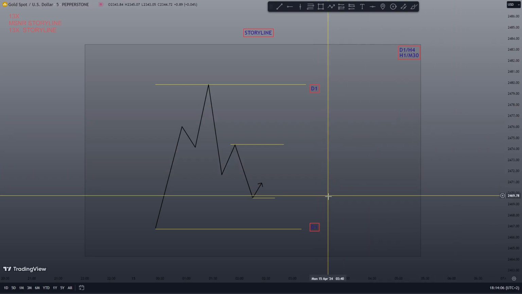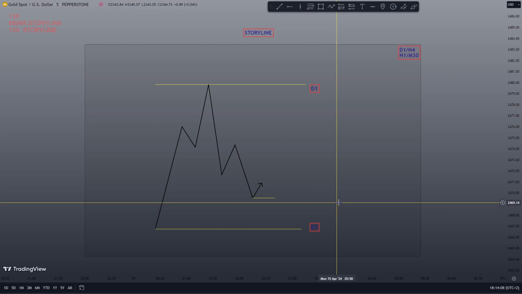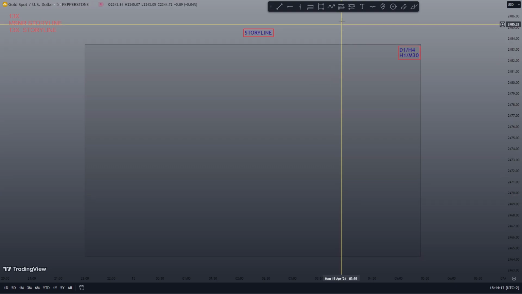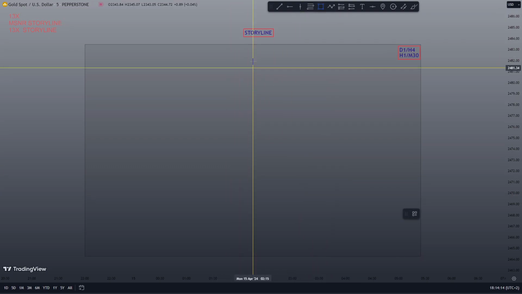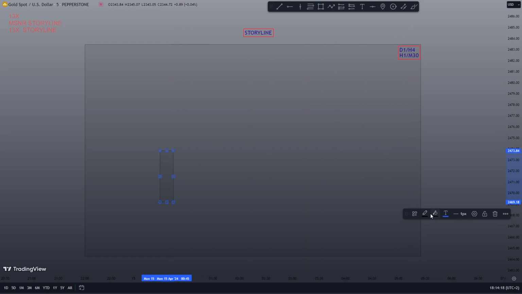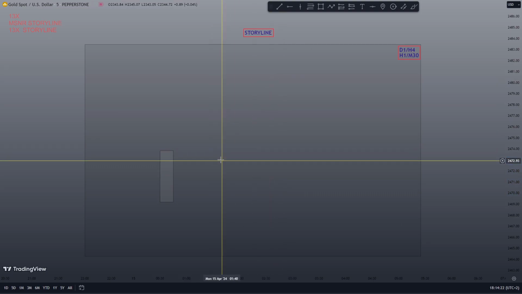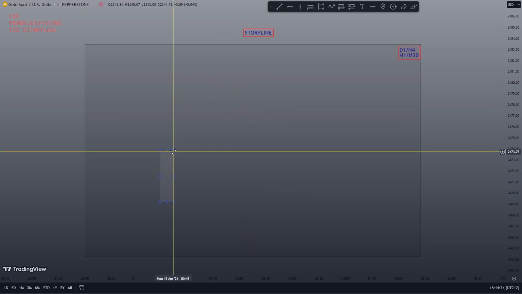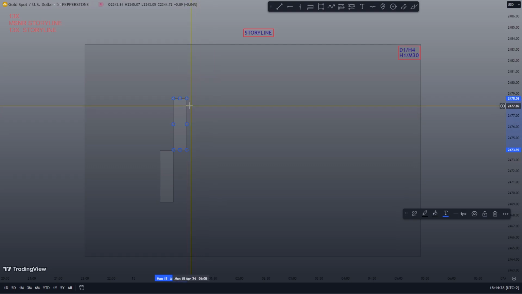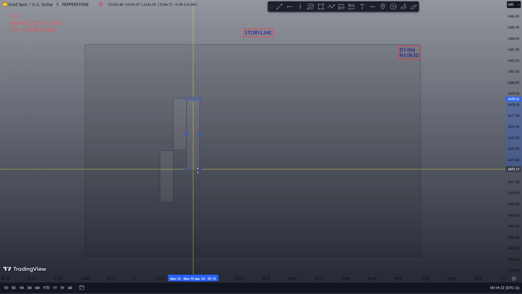So what's the meaning of that? Okay, this is a daily candle, another daily candle.